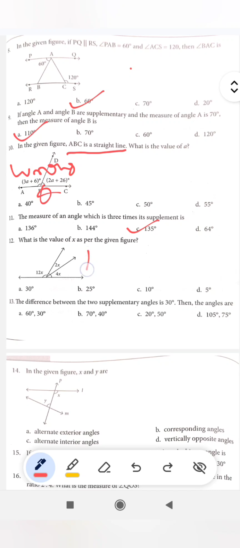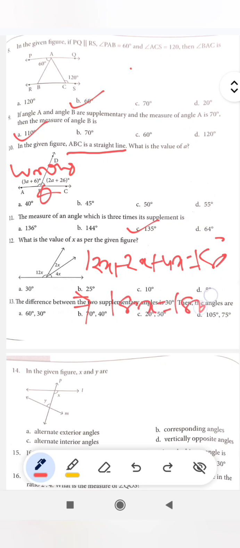That's why their sum is equal to 180 degrees. So 12x plus 2x plus 4x is equal to 180 degrees. 12 plus 2 is 14, plus 4 is 18. 18x is equal to 180 degrees. Now x is equal to 10 degrees. Okay, so option C is the correct answer.